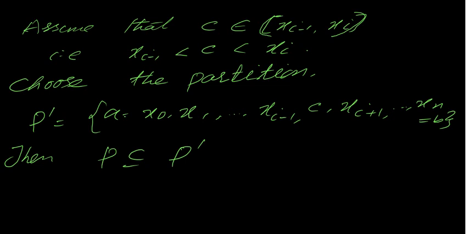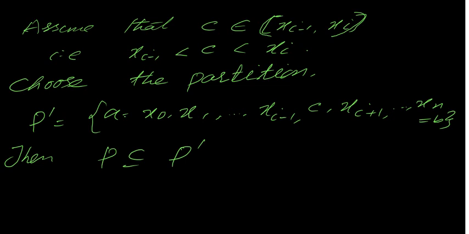So for any partition P, we can always obtain a partition P' like this: a = x0, x1, ..., x_{i-1}, then c, x_i, and xn, where c is any point in the open interval (a, b), and obviously this c belongs to one of its subintervals, because the partition P divides our interval [a, b] into n subintervals.